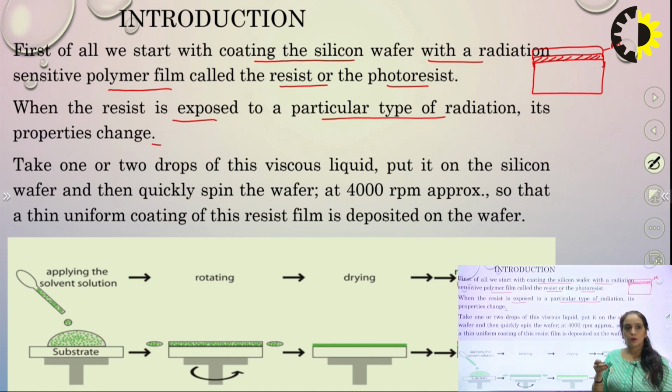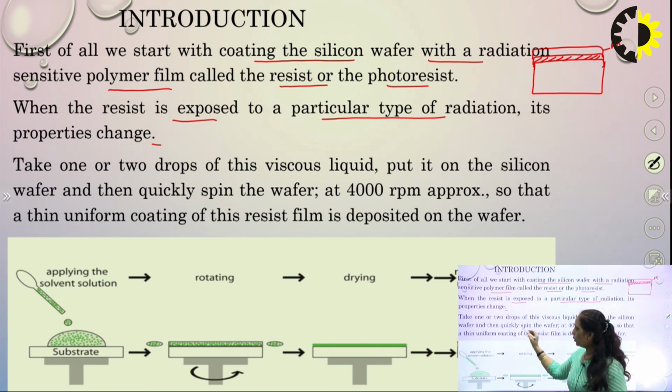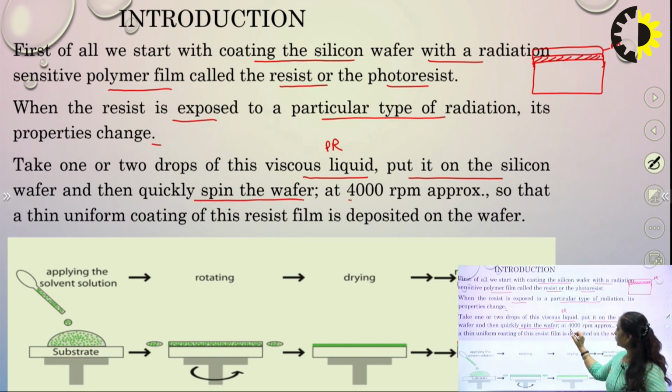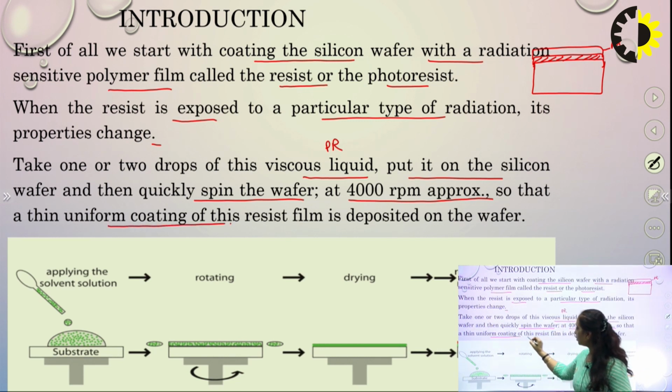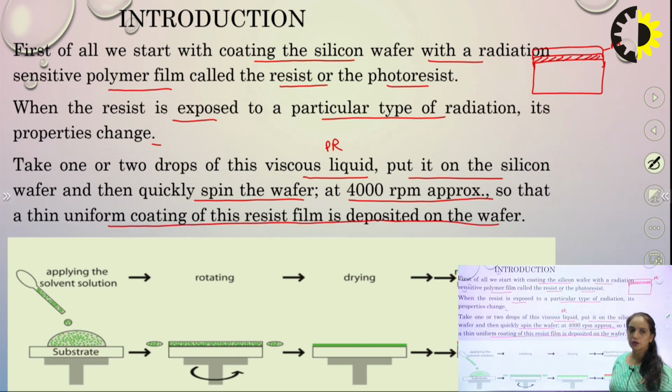Depending upon that radiation, the properties of the PR material will be changed, and some portion will remain there and the rest of the portion will be removed. So take 1 or 2 drops of this viscous liquid, that is PR material, put it on the silicon wafer, and then quickly spin the wafer at approximately 4000 rpm, so that a very thin uniform coating of this resist film is deposited over the wafer.